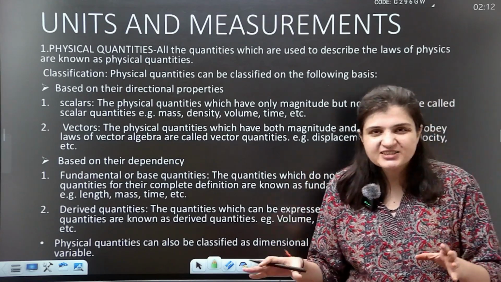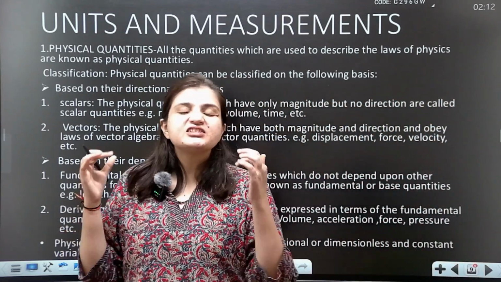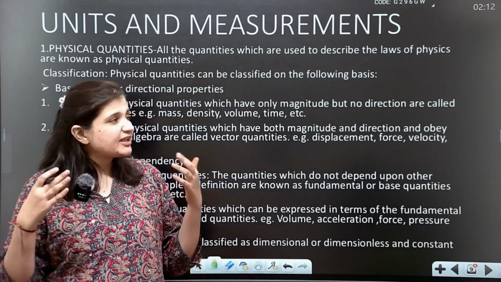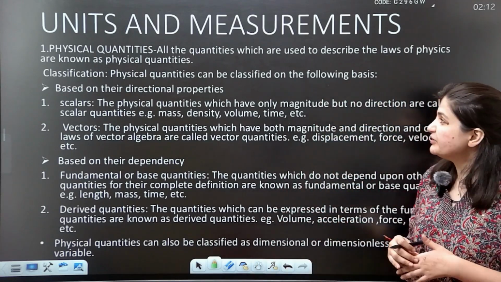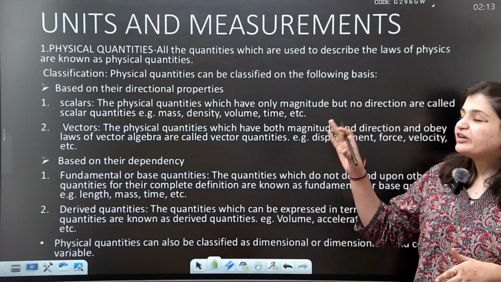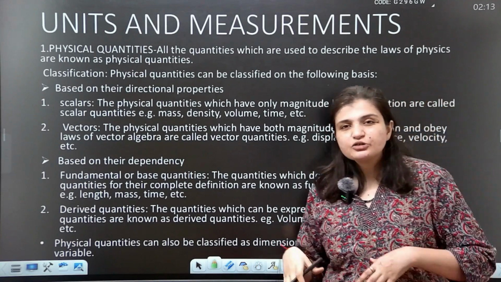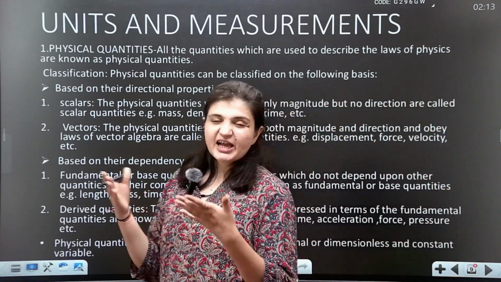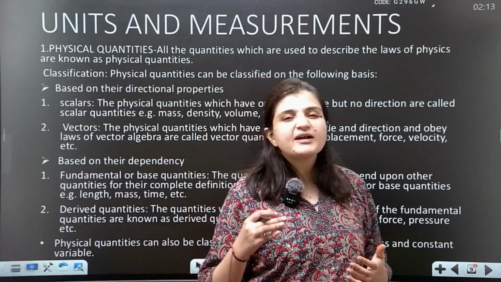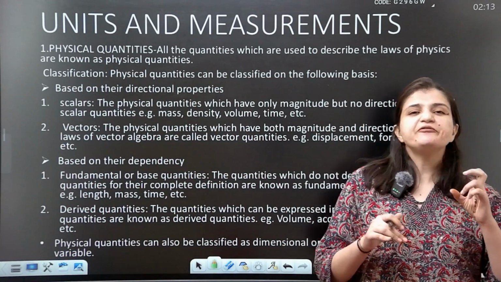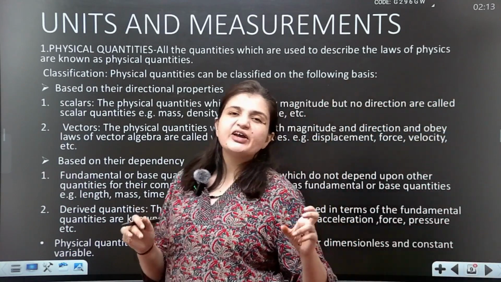Similarly, in physics, we also have certain quantities which we label. We have come across various branches of physics till now, and in every branch we have a very different concept.